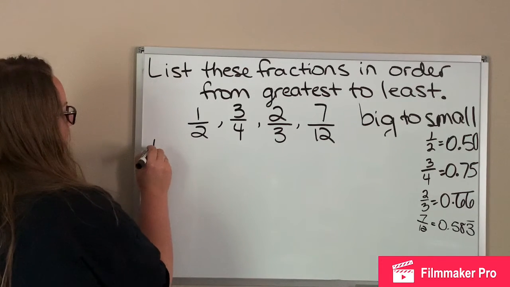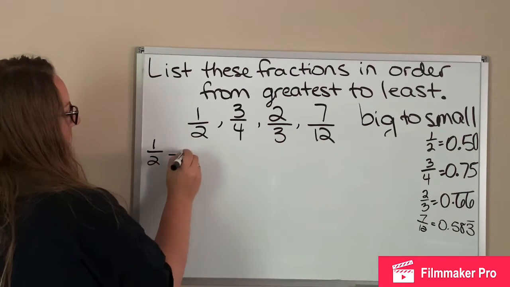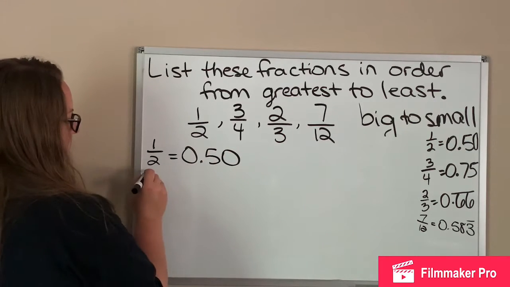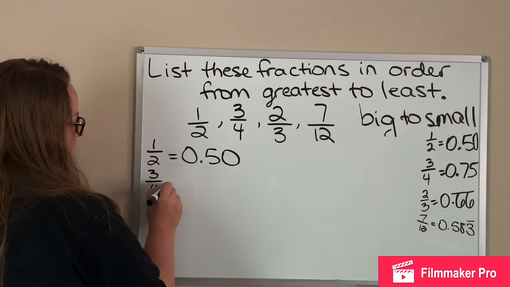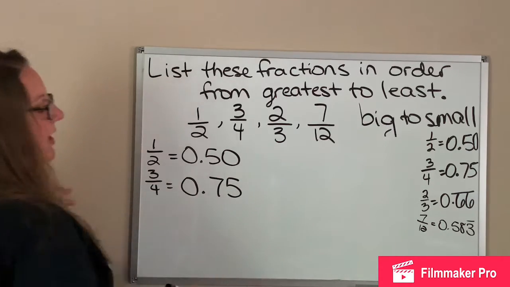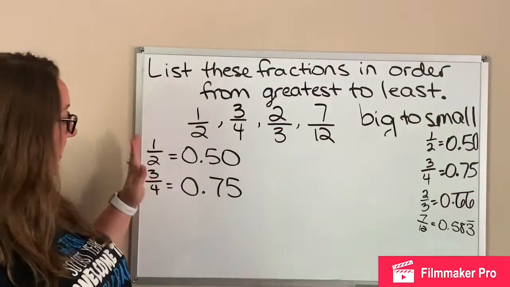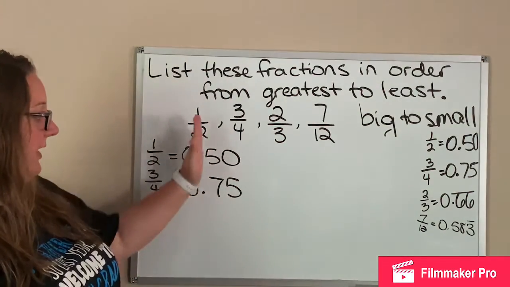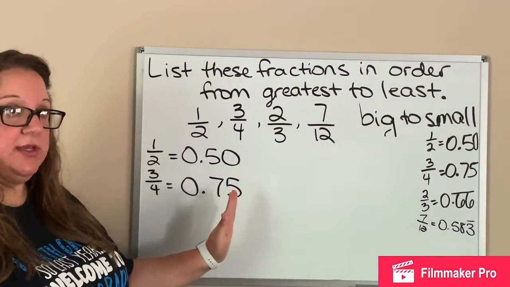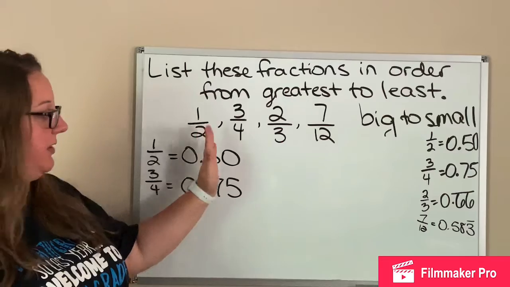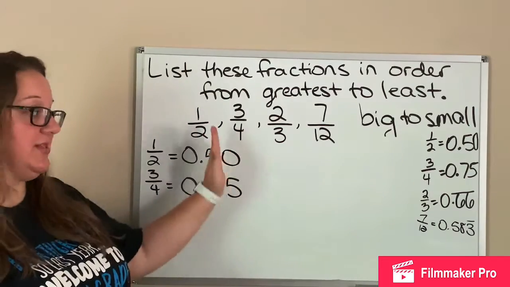So I've got 1/2 is 0.50. 3/4 is 0.75. Now notice when I'm putting my fraction decimal equivalencies, I'm lining up my place values. Okay, I've got my ones place, my tenths place, and my hundredths place.